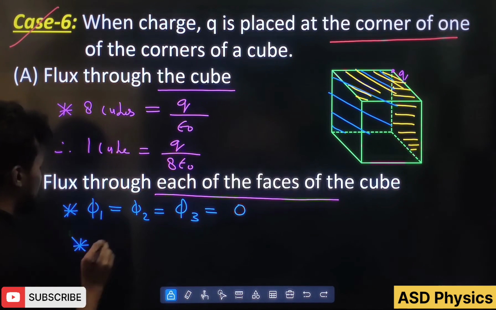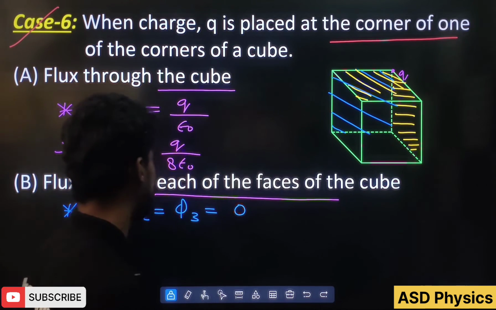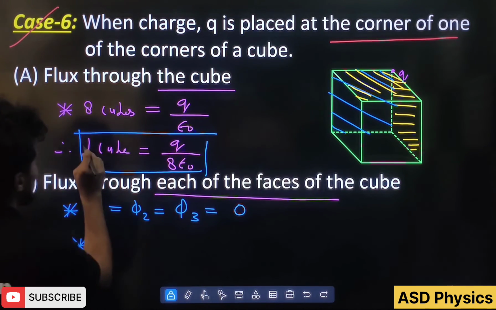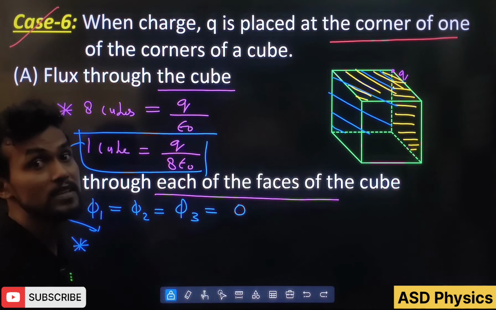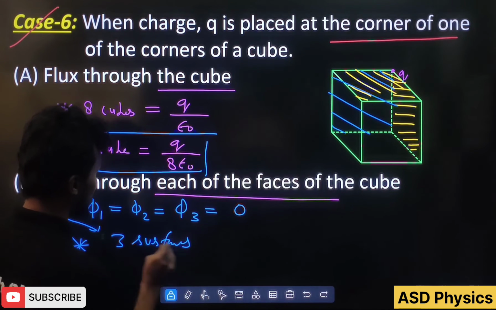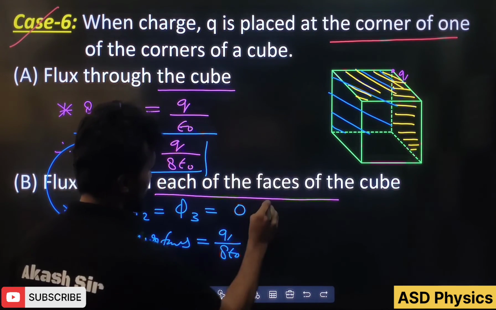After that, students, 3 surfaces went. Now, how many surfaces are left? 3 surfaces are left. Okay. So we can tell here like this. Now, for 1 cube we have seen Q by 8 epsilon naught. But in this 1 cube, how many surfaces are left? 3 surfaces left. So we can tell that through these 3 surfaces, how much flux is there? Q by 8 epsilon naught.